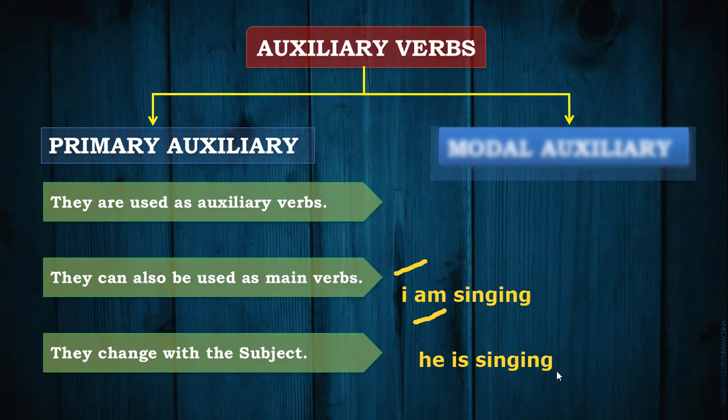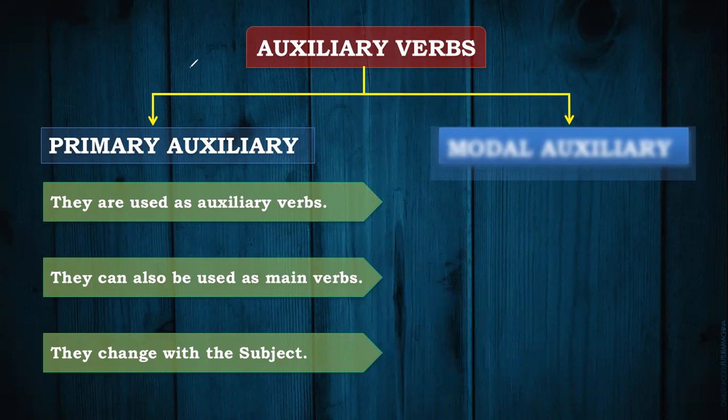In spite of being in the present tense, in both the sentences the auxiliary verb is changing here as the subject changes. What is the subject? So he. So when we change from I to he, am has changed to is. Isn't that interesting? Now these are all your primary auxiliaries.